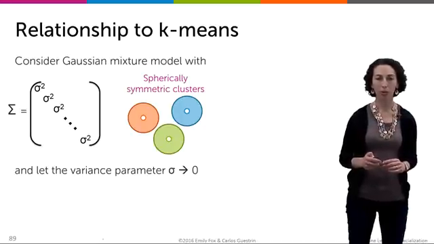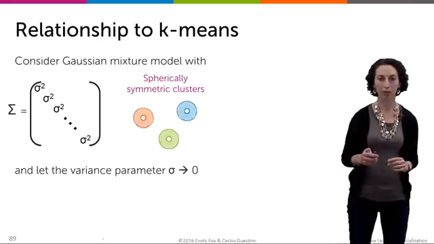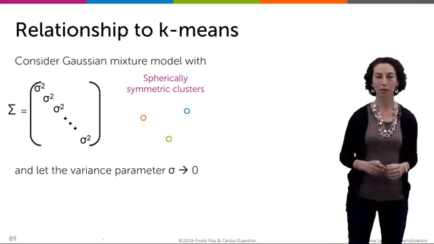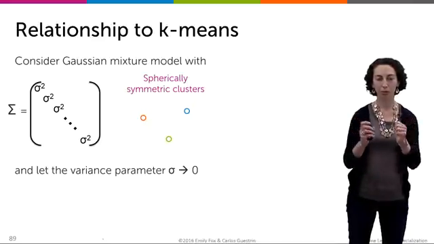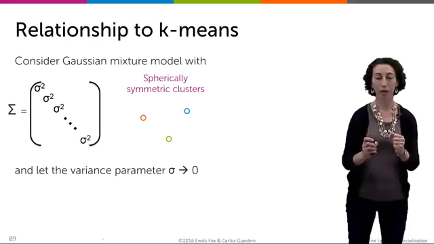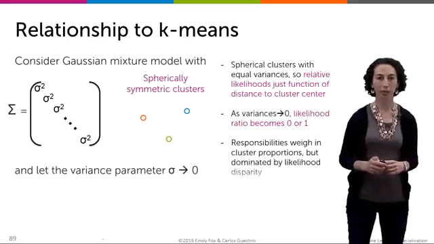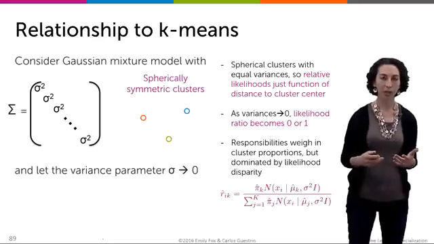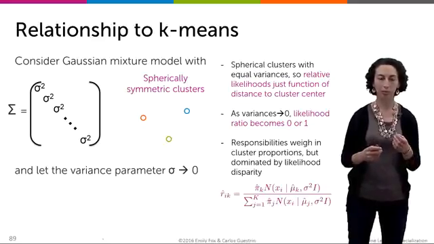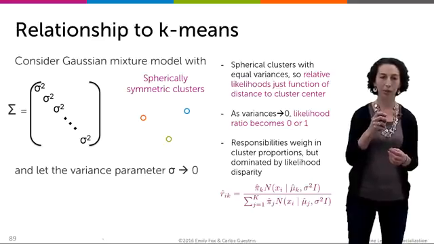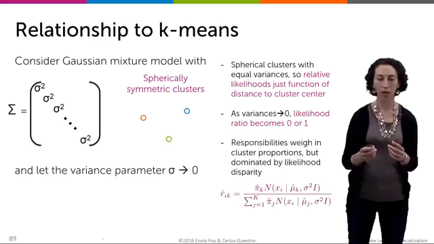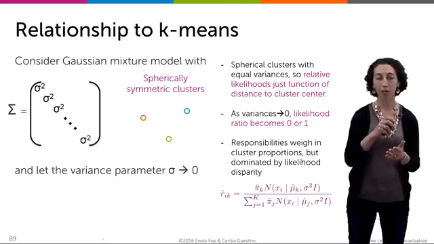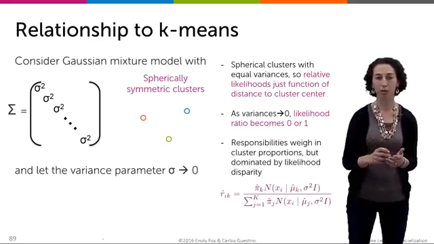And then what we're going to do is take this variance term and drive it to 0. So we have these infinitesimally tight clusters. Well, because we have these spherically symmetric clusters, when we go to compute the relative likelihood of an assignment of an observation to one cluster versus another cluster, that just depends on the relative distances to the cluster centers.